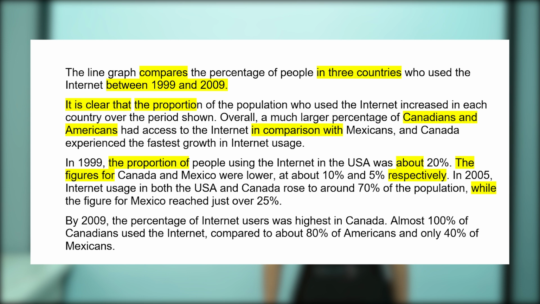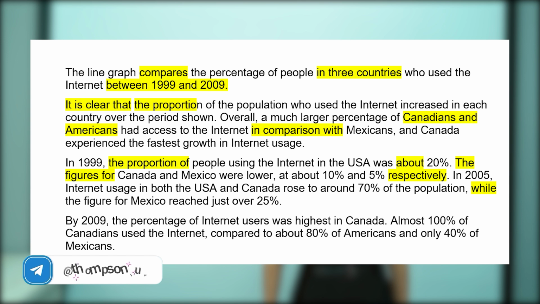Okay, as you can see in our introduction, we just paraphrase some words, some verbs, and also nouns. But pay attention, we first of all exactly say which graph that is. So line graph, because usually you are not given the exact graph in the question. So that's why you should first of all define which graph that is.